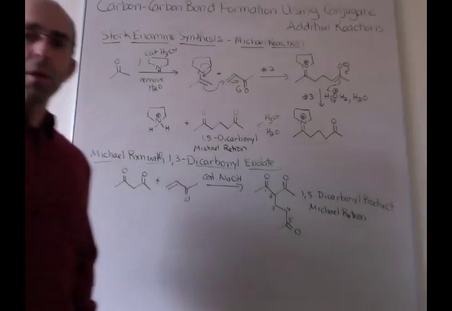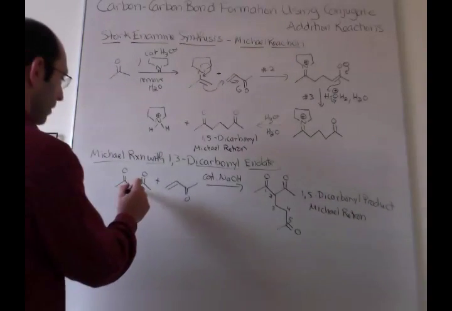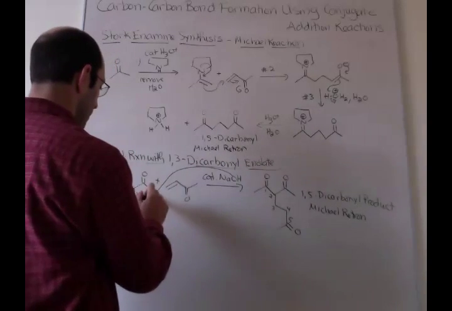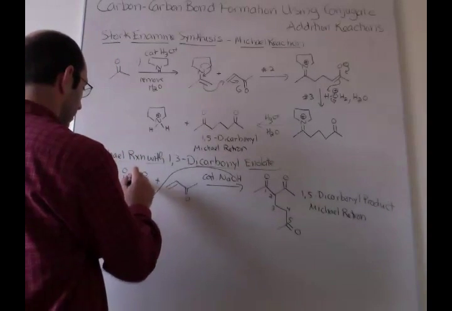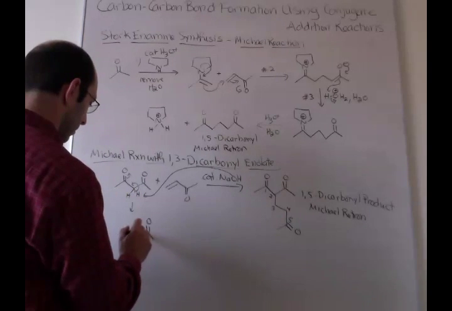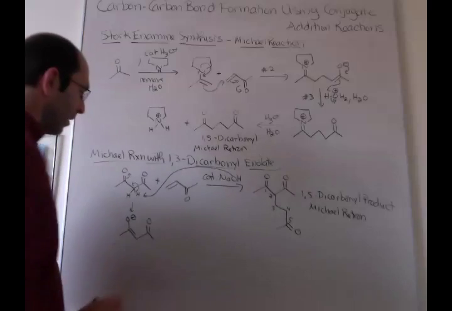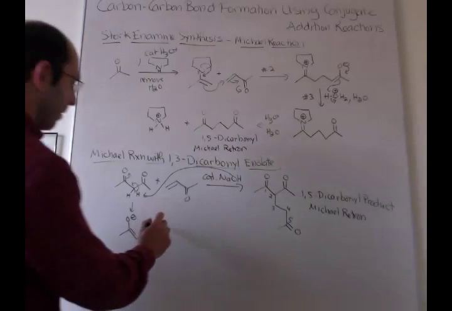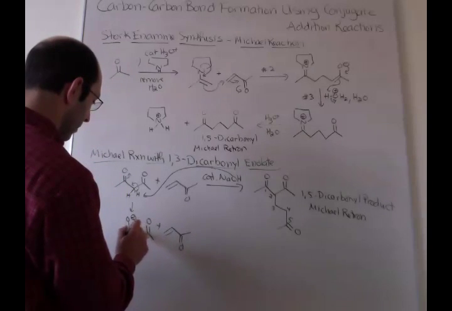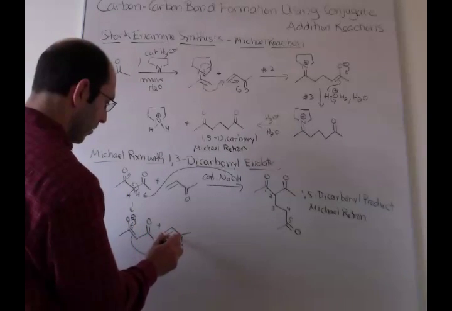If we think about the mechanism for this reaction, again, we very clearly have these acidic protons, so hydroxide can come and pull off one of those protons. That gives us the enolate, and the enolate can react with the conjugated enone.